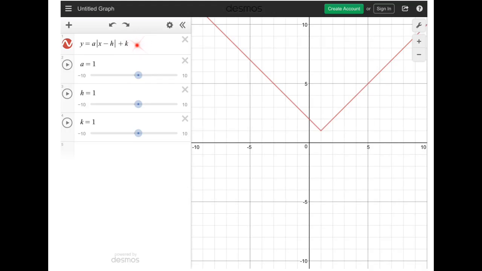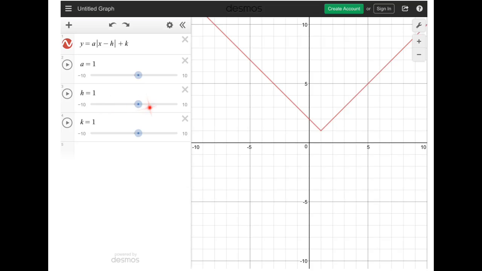And once you do that, it should pop up right below it with an option to add sliders for a, h, or k. And I think there's a button to also click all. So you could add sliders for all of those. And what that's going to do is add some sliders here. So what you'll do with those is you can drag these around, or even click this little play button, and it'll bounce them back and forth automatically.